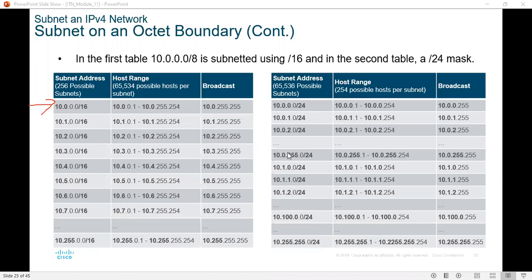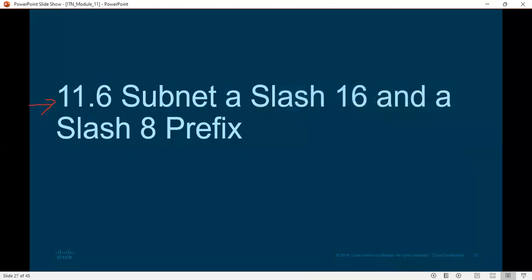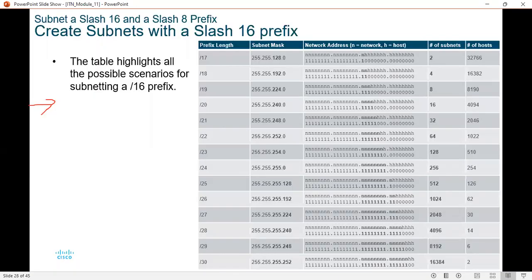So let me progress. You can have as many subnets as you want. You can see that as the subnetting increases, the number of hosts you can accommodate reduces. So this is very brief. The subnets are /24, /16 and /8.